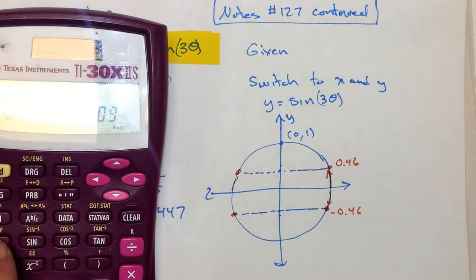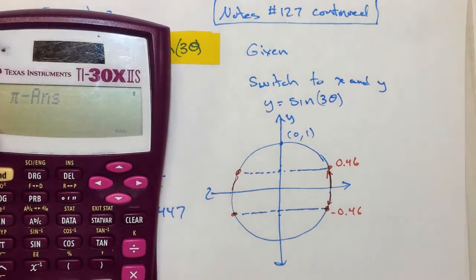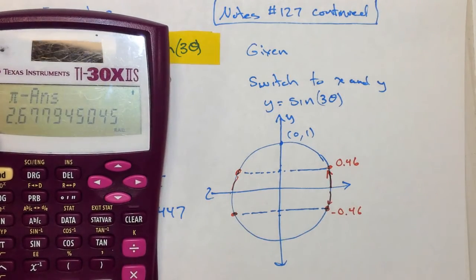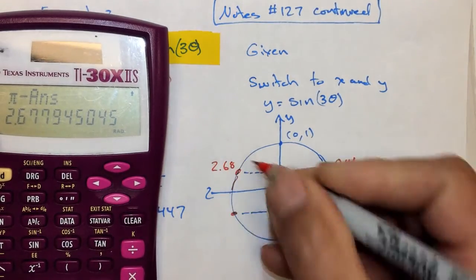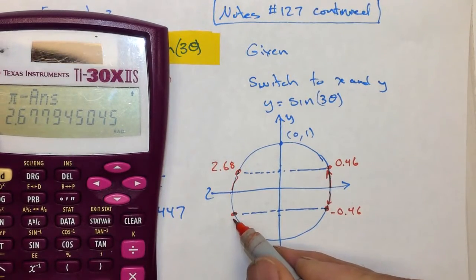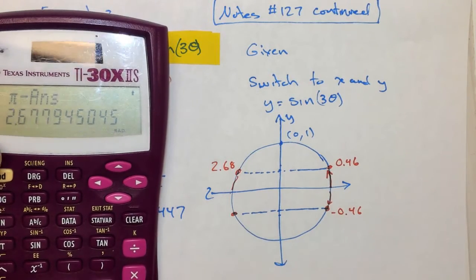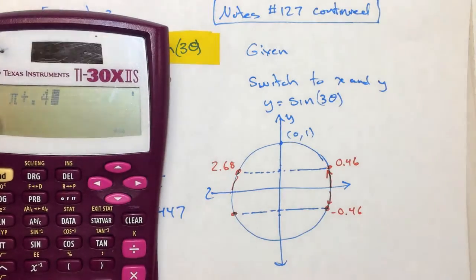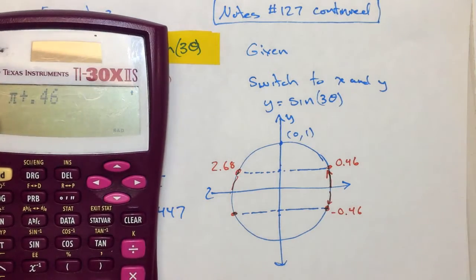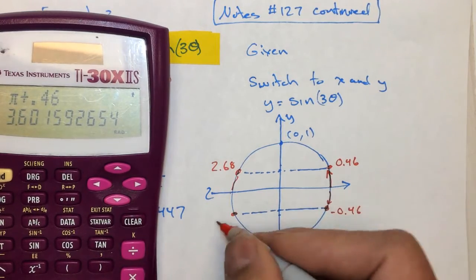So I'll do pi minus my answer, 2.68. I don't need this one, but if I did do that one, it would be pi plus 0.46. That's 3.60.